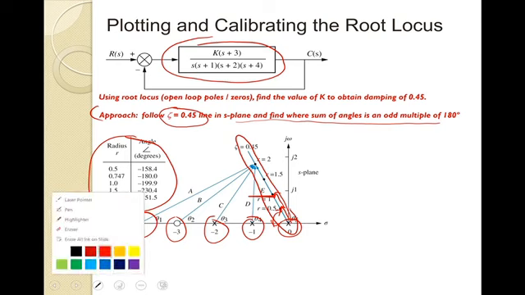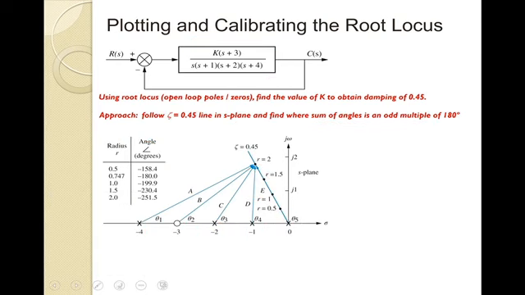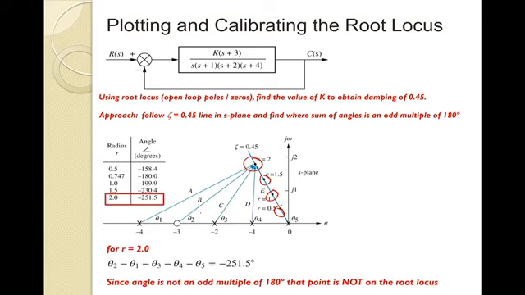You can see different r's of 0.4, 0.5, 1, 1.5, or 2. So this first test point of 2, the summation of the angles is negative 251.5. Clearly, that's not an odd multiple of 180 degrees, so that point is not on the root locus.